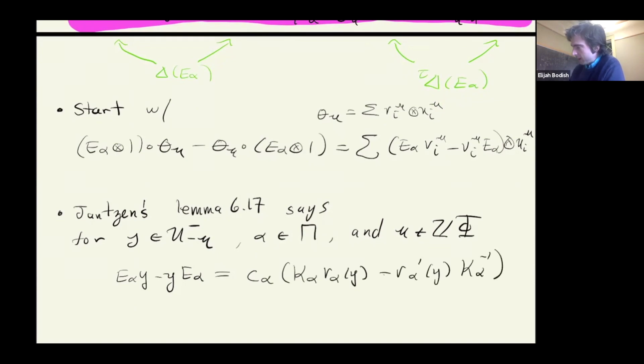So we already saw some E alpha y minus y E alpha term in chapter 6 in our run stock, and so I'm just needing to recall what all of this on the right-hand side was.